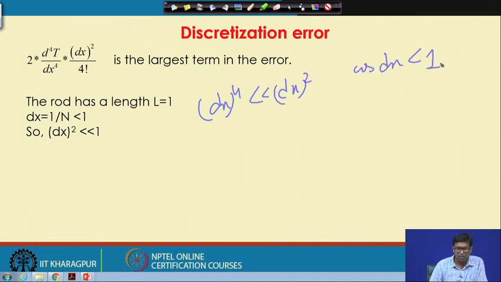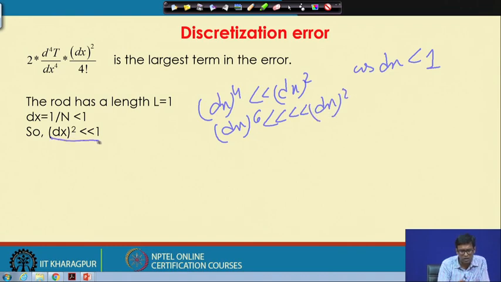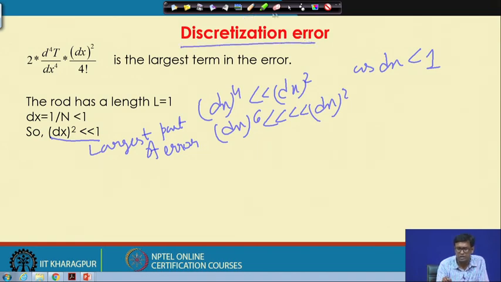Dx to the power 6 will be even smaller. So, this is the largest part of the error, and it is called the discretization error.